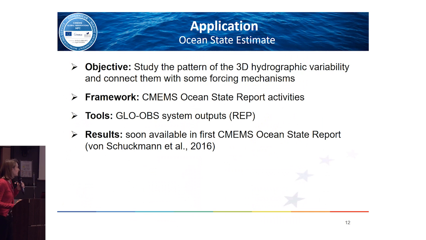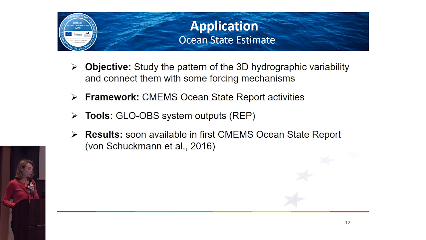Another application is for ocean state estimate. With our field, we can study the pattern of the 3D hydrographic variability and connect them with some forcing mechanism. The framework of this study is the CMEMS Ocean State Report activities that will be presented in detail tomorrow by Karina.